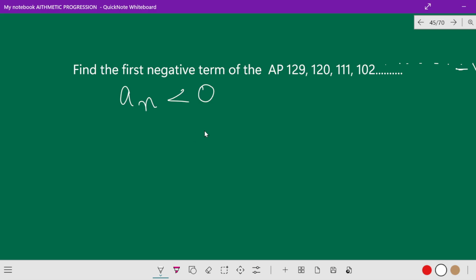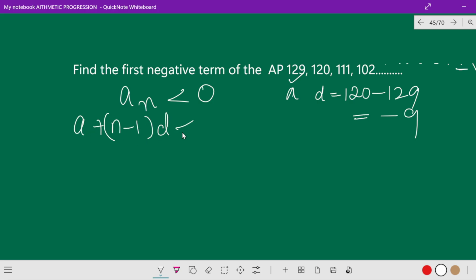So what is my first term? First term is a, which is 129. d is 120 minus 129. The answer is minus 9. So we will substitute in the a_n value. a_n is a plus n minus 1 into d, and that should be less than 0. a is 129 plus n minus 1, we don't know n, no. d value is minus 9.